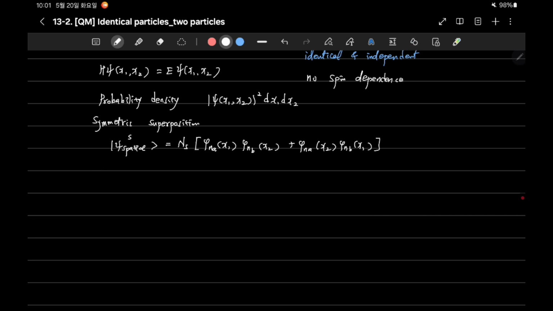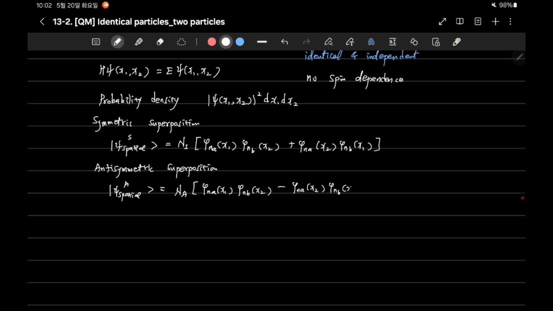But in the antisymmetric superposition, the spatial part is N_A, the antisymmetric normalization constant, times phi_NA at x1 and phi_NB at x2, minus phi_NA at x2 and phi_NB at x1.